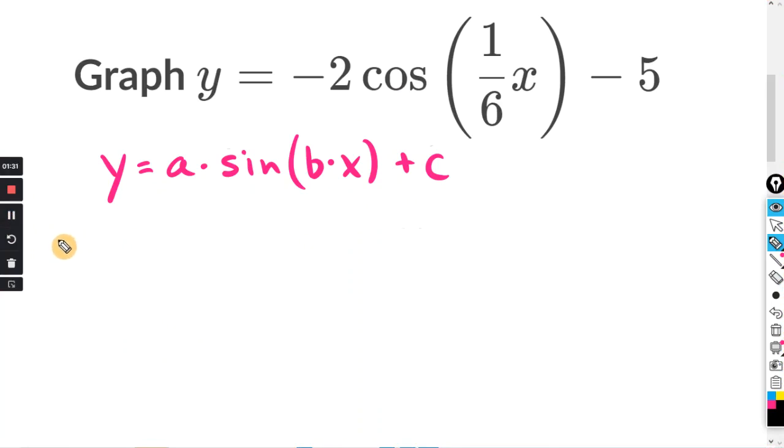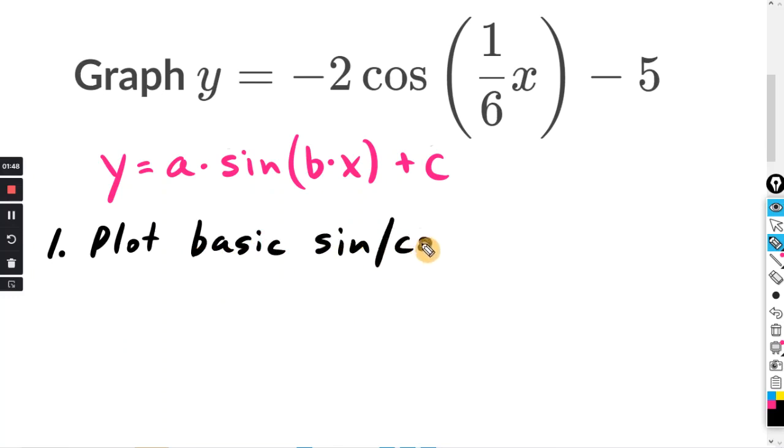But I'm going to be doing these problems with a few steps. All right, the first step on the graph, I'm just going to plot the basic sine or cosine function.